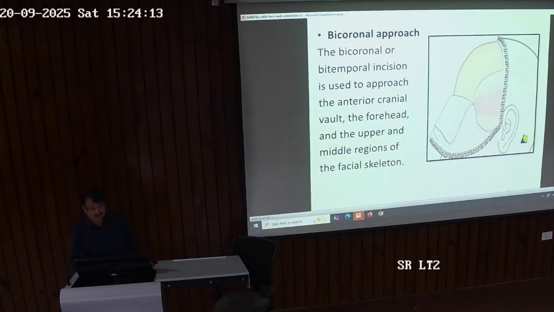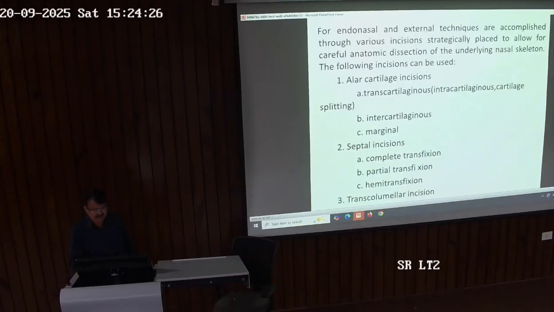This is the bicoronal approach. The bicoronal or bitemporal incision is used to approach the anterior cranial vault, the forehead, and the upper and middle regions of the facial skeleton. Endonasal and external techniques are accomplished through various incisions strategically placed to allow careful anatomic dissection of the underlying nasal skeleton.